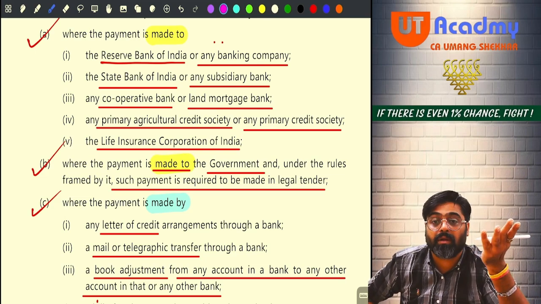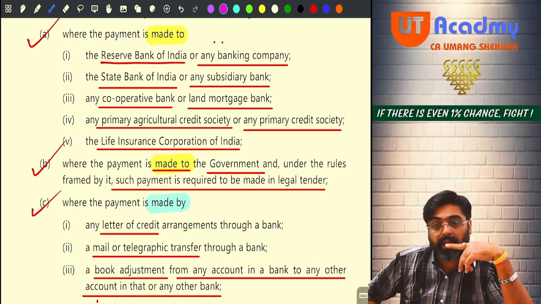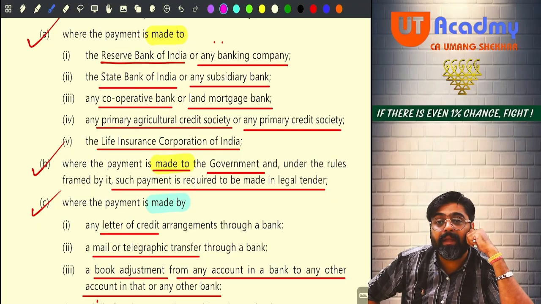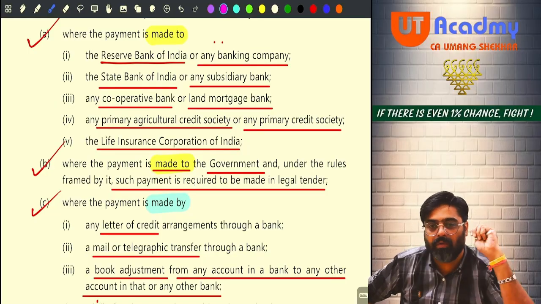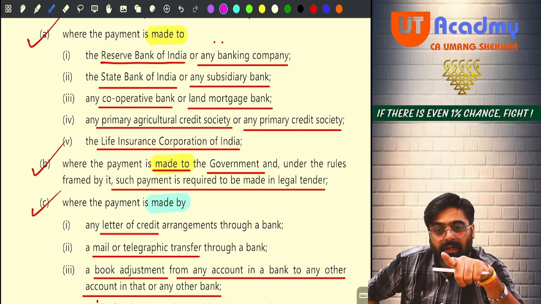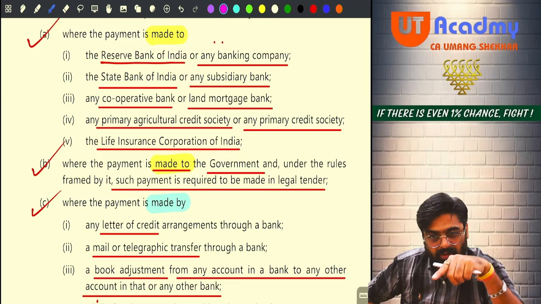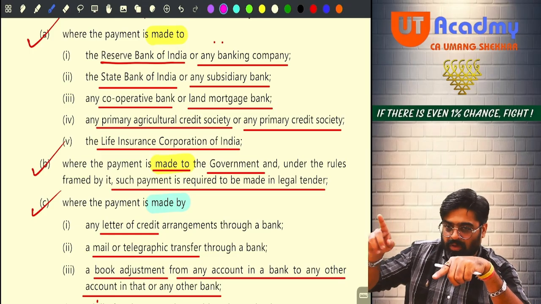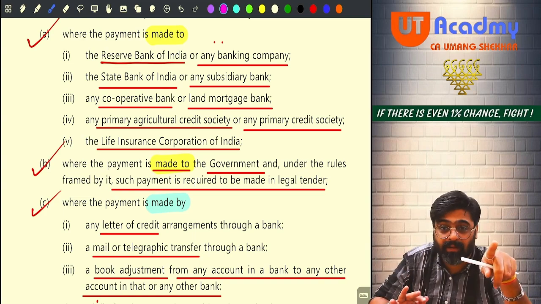It will not attract 40A3, 40A3A, even if the payment is more than 10,000 and even if not paid by any prescribed mode. Since the payment was made to these persons, we will allow it. You can say that it is your business expense and you have actually made the payment.